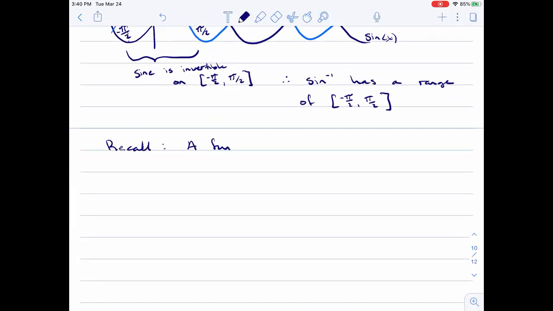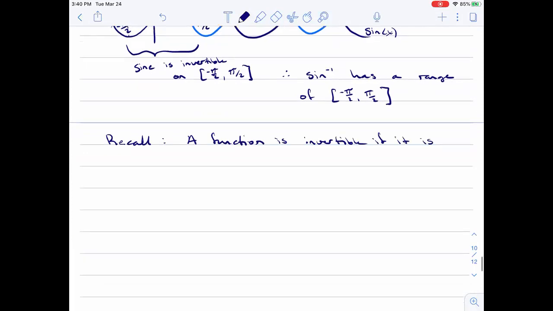This is all coming from before. Recall, a function is invertible if it is one-to-one.